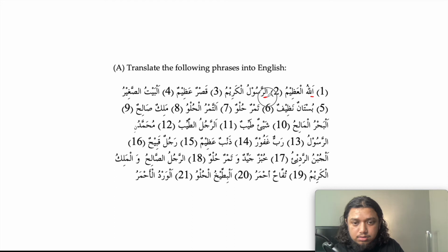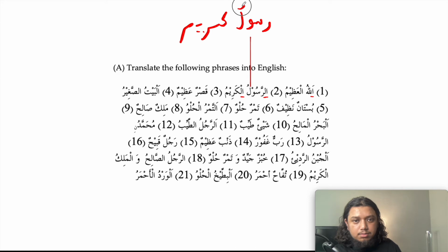As we can see here, Ar-Rasul has the alif lam, therefore it is definite. Naturally, this means the sifah al-Kareem must also be definite. So if this was indefinite, it would have been Rasulun Kareemun, a generous or noble messenger.